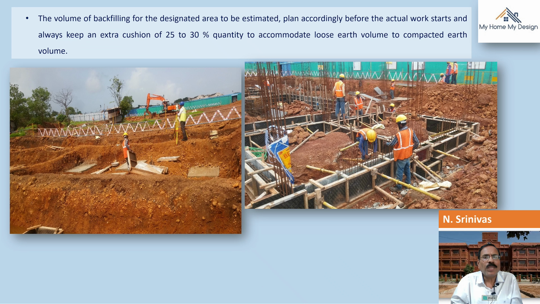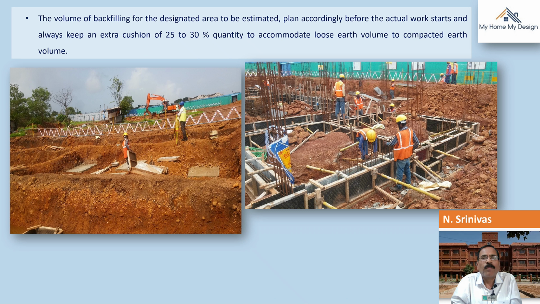Next, the volume of backfilling for the designated area has to be estimated. Plan accordingly before the actual work starts, and always keep an extra cushion of 25% to 30% quantity to accommodate loose earth volume versus compacted earth volume.